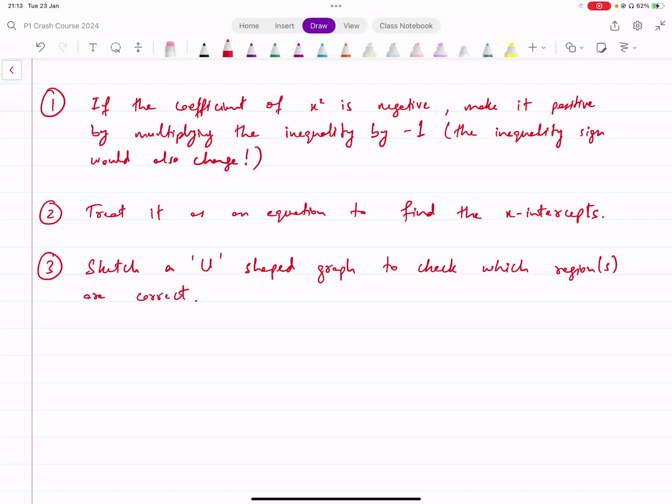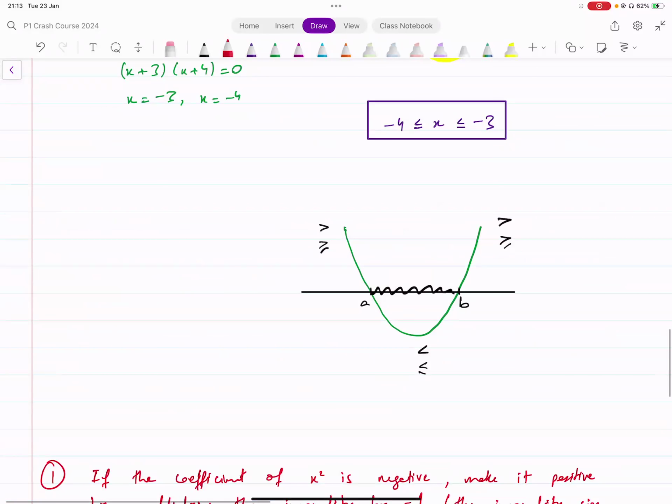The direct way of doing this could be: if you have a less than or less than or equal to sign, the region in the middle would be correct, because a U-shaped graph is always going to be below the x-axis between these x-intercepts.